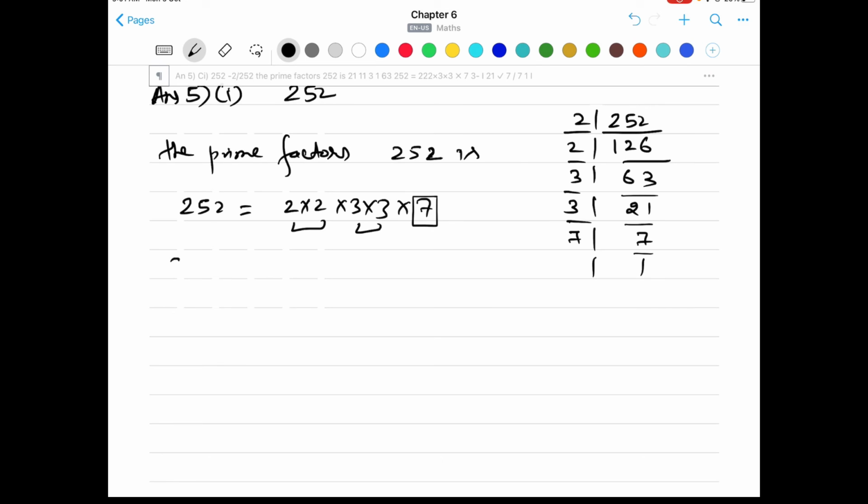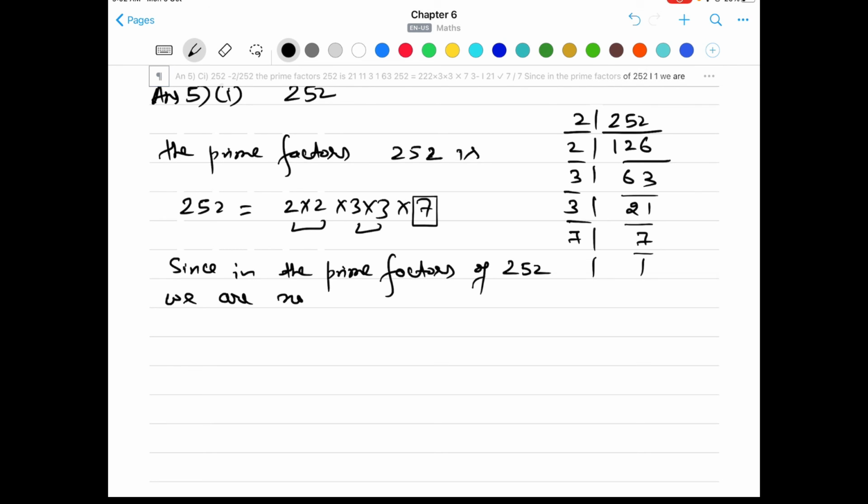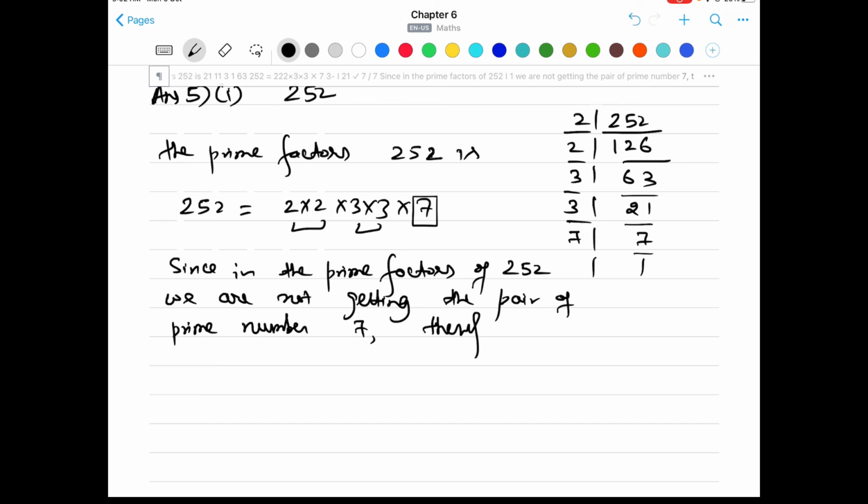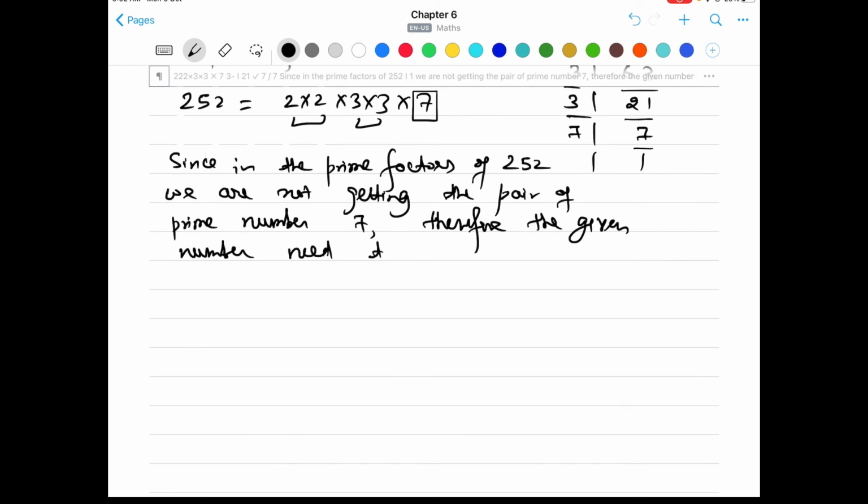So we'll write: since in the prime factors of 252 we are not getting a pair of prime number 7, therefore the given number needs to be multiplied by 7.